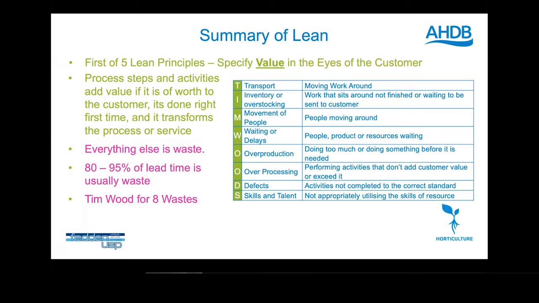They simply add non-value add, or waste within the process. And that's where we focus our efforts with lean. That's where lean gets its name from, eliminating waste and reducing down the amount of waste. So that's what we're interested in. We're interested in this 80 to 95% of activities. That's where we're going to focus our efforts, and that's where we're going to focus our improvement.